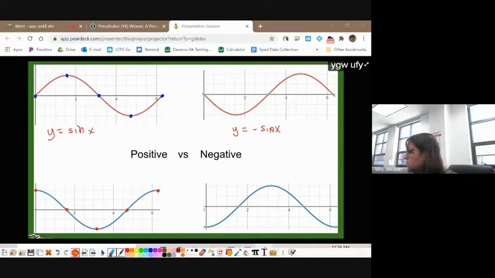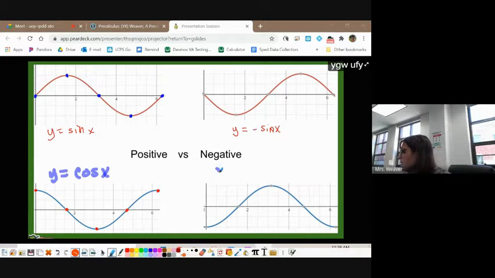And that intuition follows when we're looking at cosine functions. If we look at this first one as a positive cosine function, because it's positive, it starts up at the maximum, then goes midline, minimum, midline, maximum. Remember, it'll always end where it started. That's how you know you've completed the full cycle, okay?